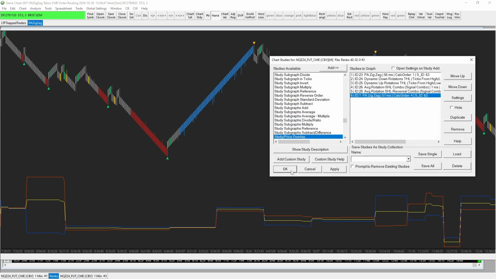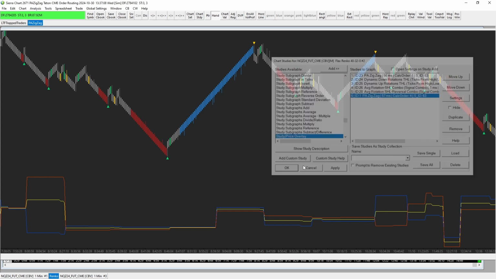The other thing that I wanted to point out is that I have done some work to speed up the PA zigzag function to make it feasible, and these numbers you'll notice are very reasonable. If you're trying to do something super low latency and automated, it's not good enough, but for anything that you're doing by hand, I'm going to say around 50 milliseconds is probably going to work for you.